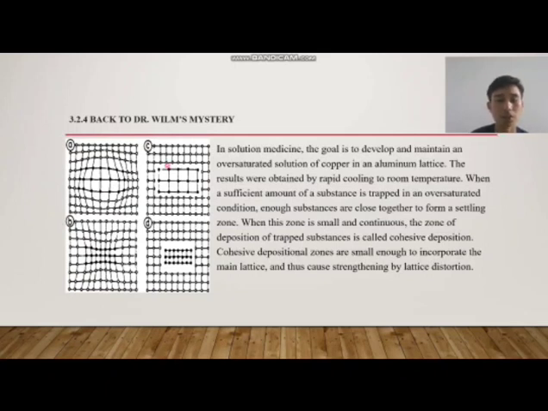When this zone is small and continuous, the zone of trapped substance is called coherent precipitation. Coherent precipitation zones are small enough to be incorporated into the main lattice and thus cause strengthening by lattice distortion.